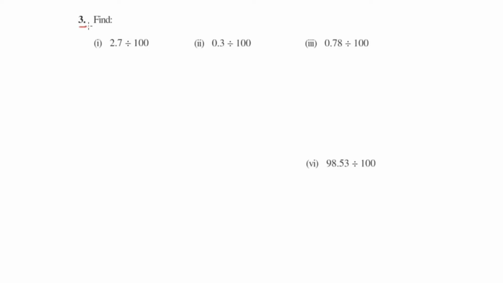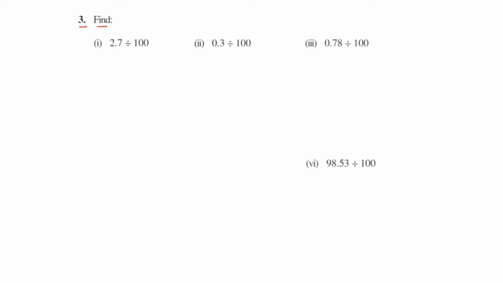In question number 3, we have to find the division of each of these parts. Before proceeding further, as I said already, it is very important to understand that whenever a number is divided by a power of 10, the decimal in that number gets moved towards the right by as many places as there are zeros. So keeping this in mind, we have to solve these questions.